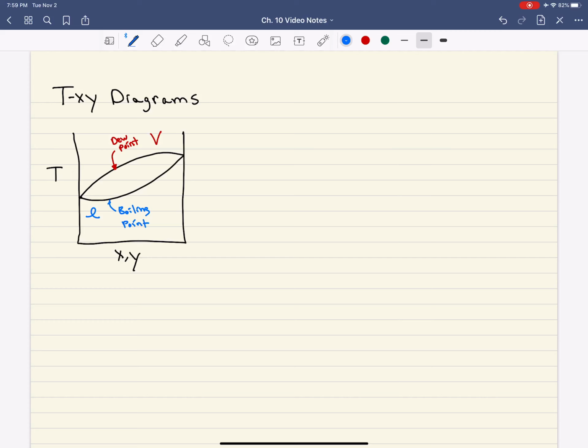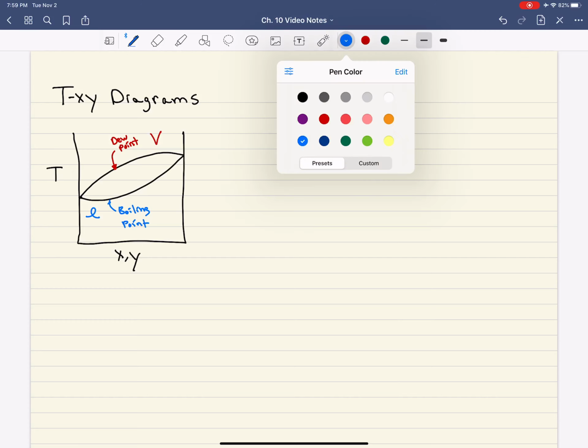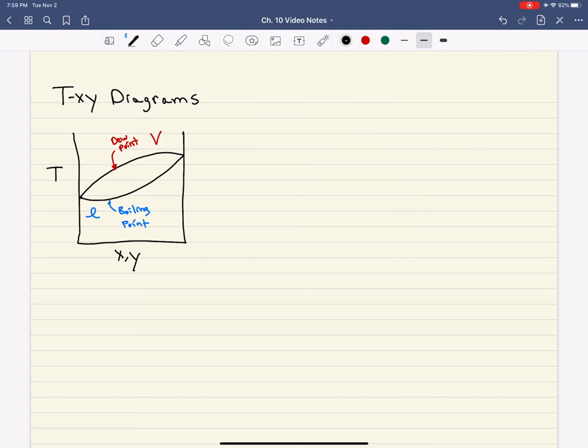Okay? Now, in order to calculate the TXY diagram, you actually use the same equations that you used for the PXY diagram. So you still use pressure is equal to x1 P1 sat plus (1 minus x1) P2 sat.